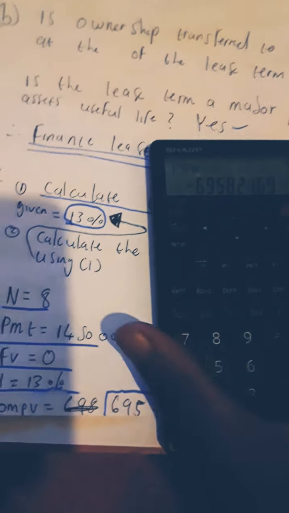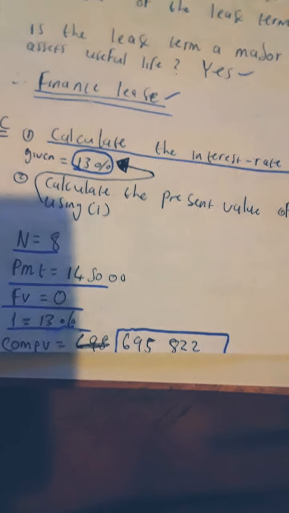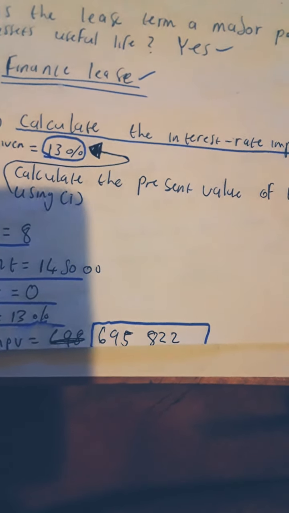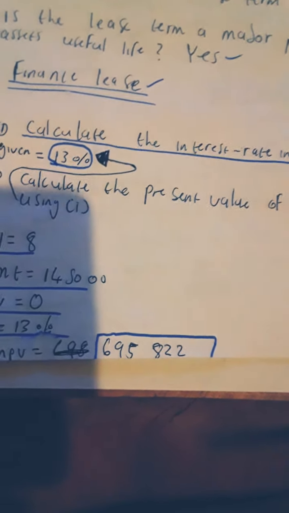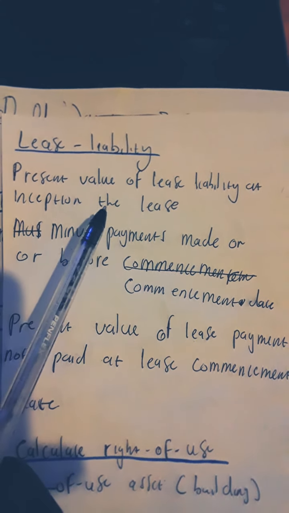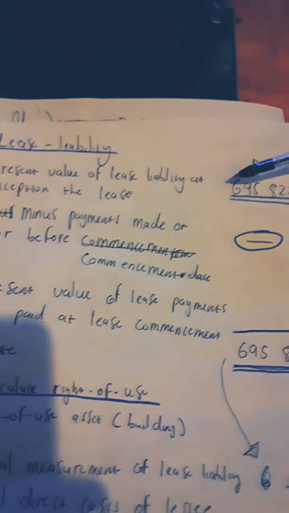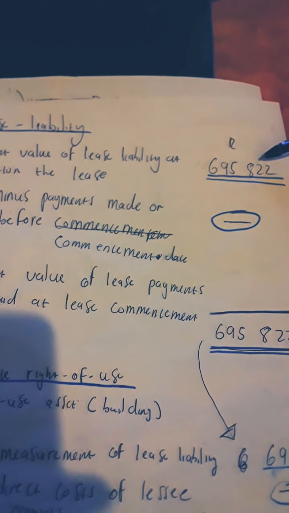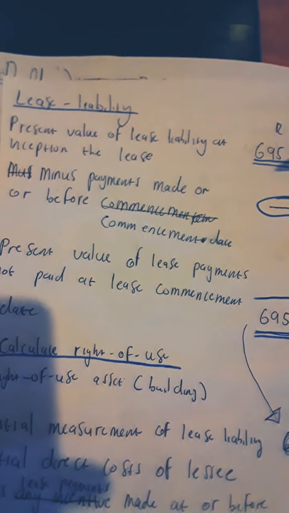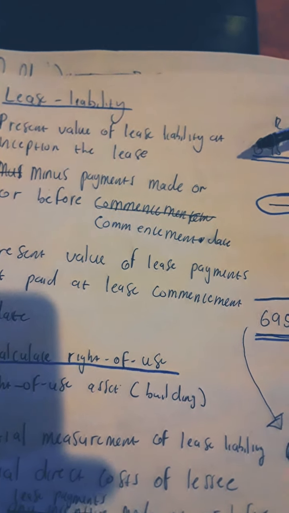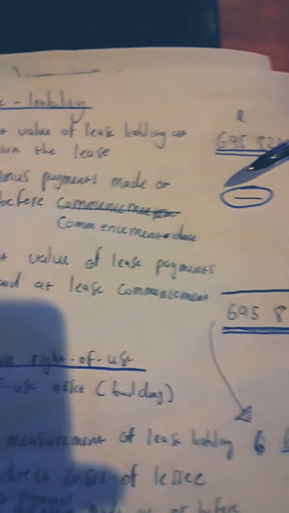You can ignore the negative. So our present value is 695,822. So our lease liability goes like this. Present value of lease liability at inception of the lease, as we calculated, is 695,822, and then minus payments made on or before commencement date.